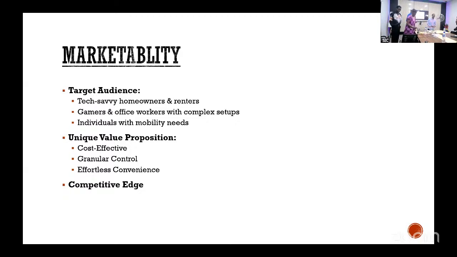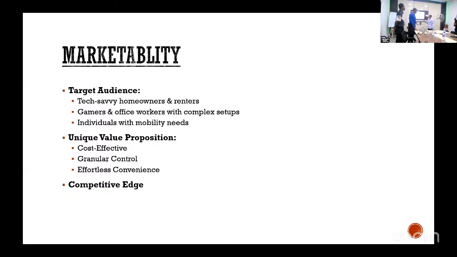The market audience for this project. Can you hear me? Our market audience for this project includes tech-savvy individuals, homeowners and renters, and gamers, like people that play games, like you said earlier. Then there is complex setup. Most gamers' offices and setups are complex in terms of operation and the rest.